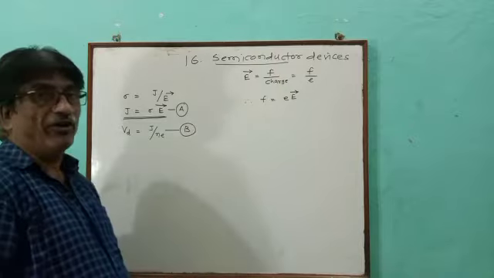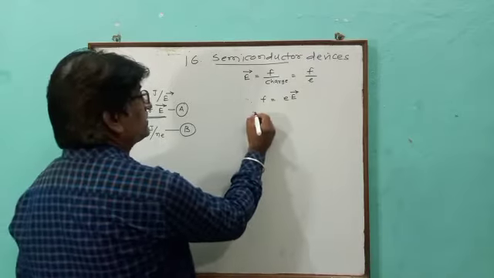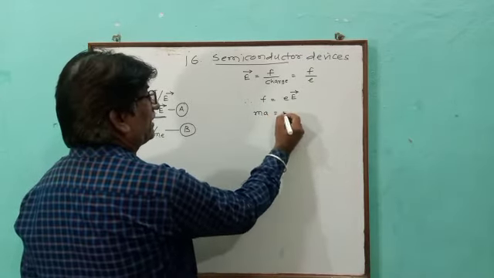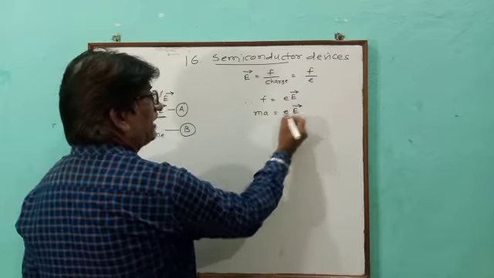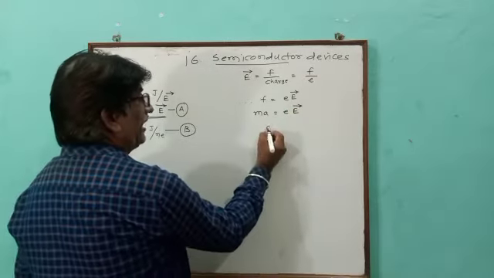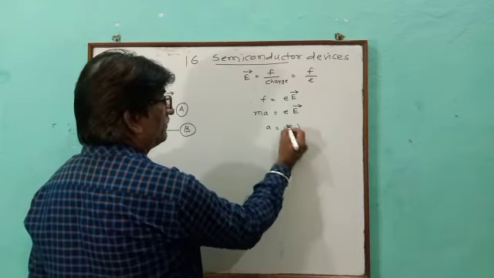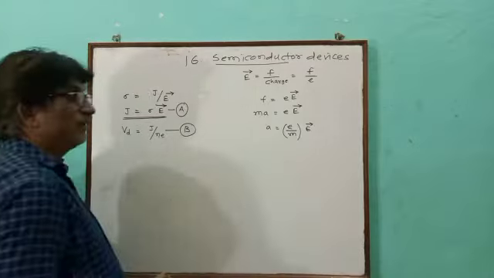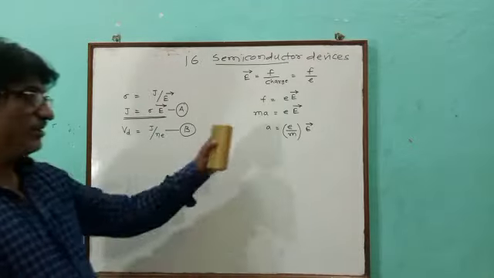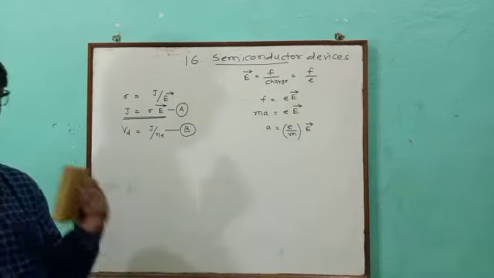According to Newton's law of motion, force is m into a, which is equal to e into electric field intensity. So a is equal to e upon m into electric field intensity. But we know that acceleration is the rate of change of velocity.